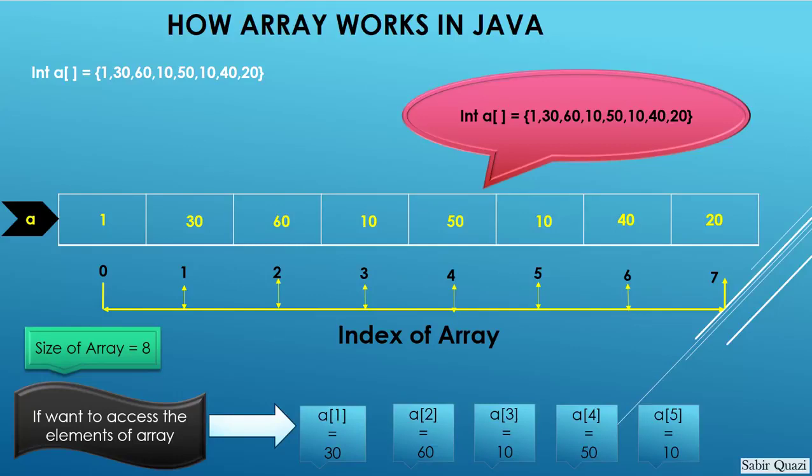The size of the array is the number of indexes it has. We always require the size of the array to loop through the values of the array and fetch its data using various types of loops.